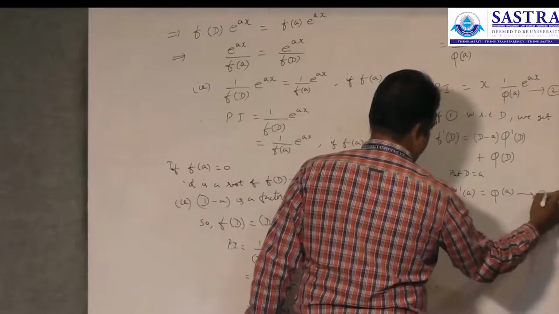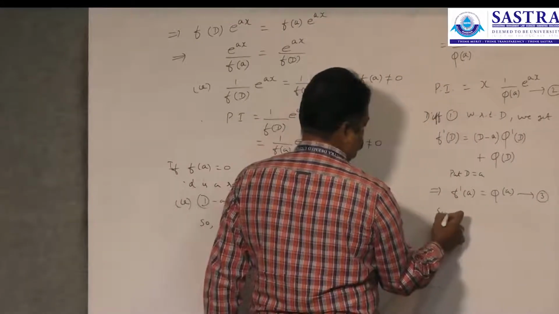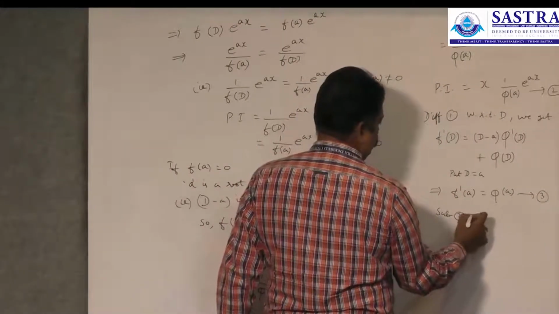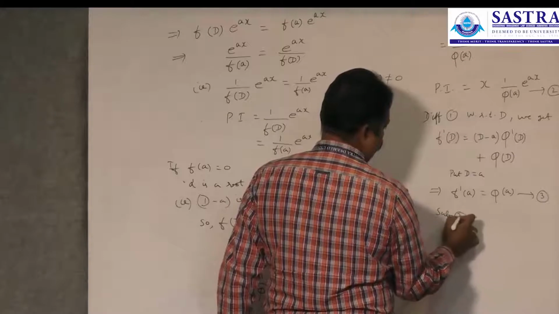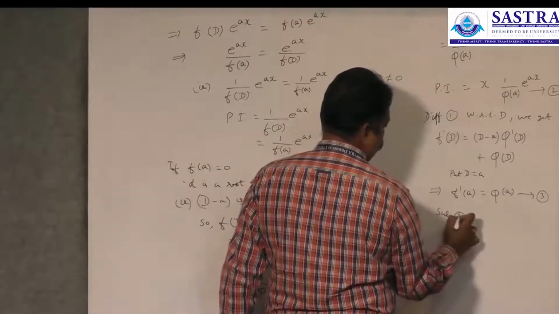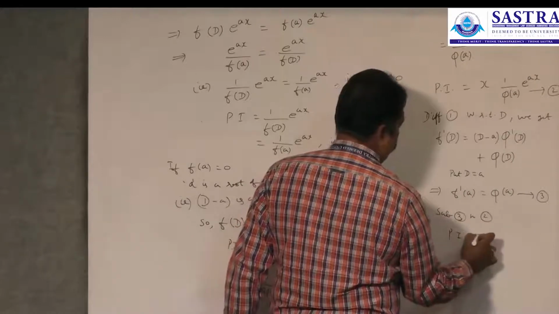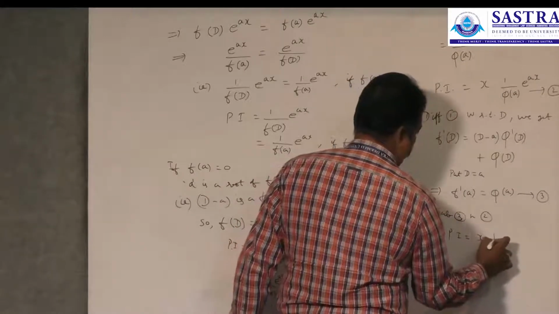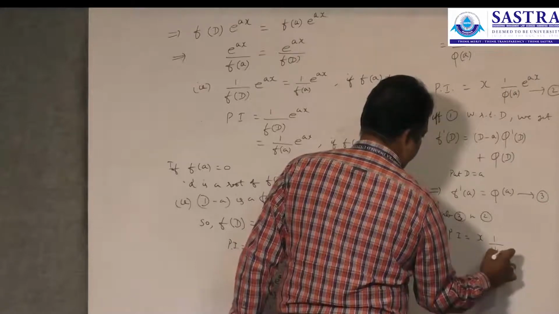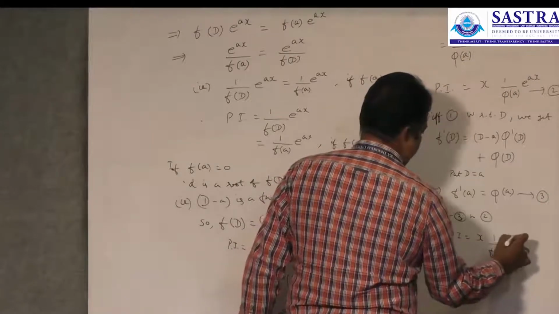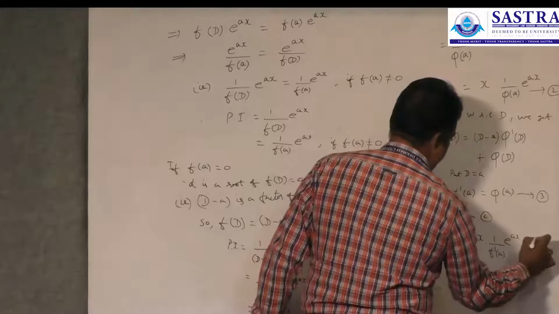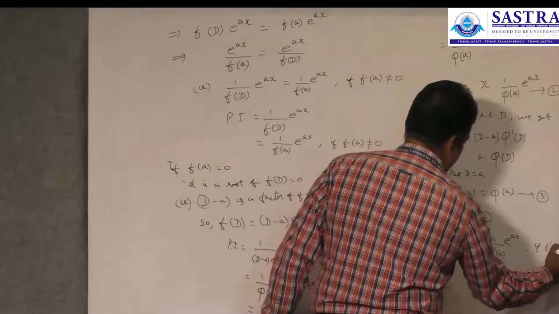This is equation number 3. Substitute 3 in 2. We get particular integral is equal to x into 1 by f dash of a e power ax, provided f dash of a is not equal to 0.